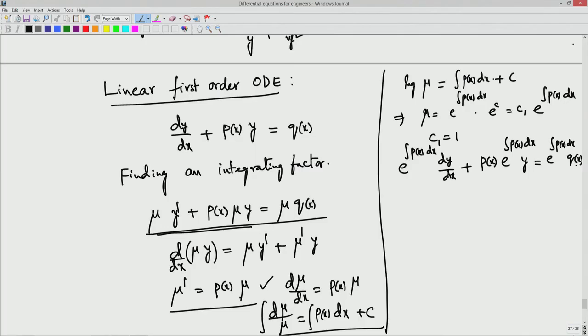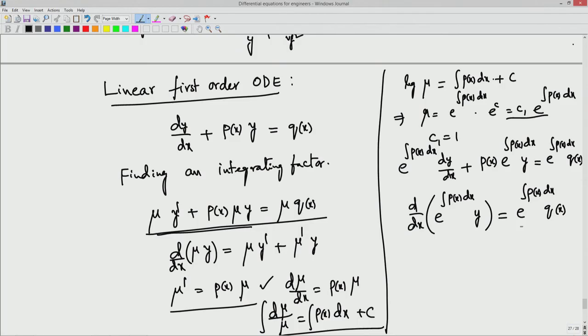I multiply both sides of the equation. The left hand side becomes d/dx of e to the power integral p(x) dx times y, equal to e to the power integral p(x) dx times q(x).